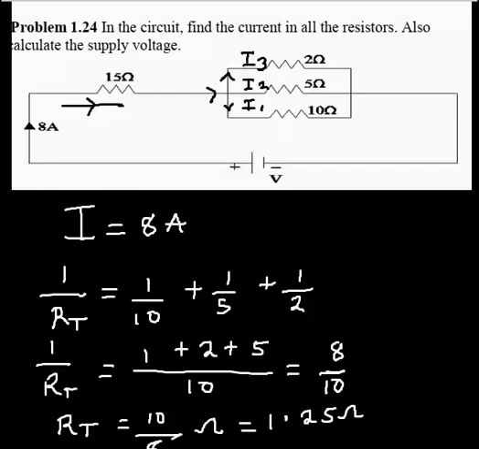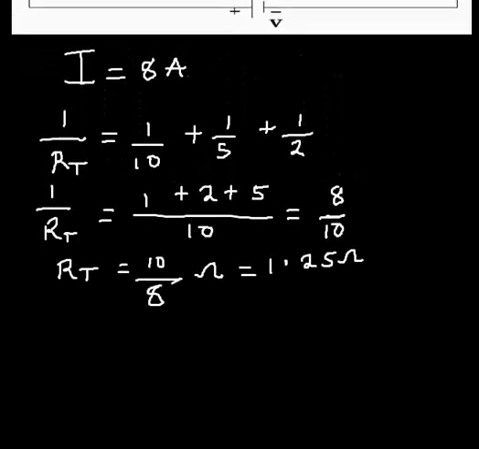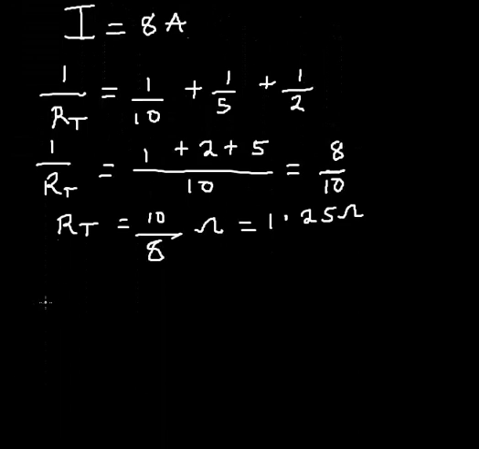All right, so now let's divide our current. For me to divide our current, remember the division is based on reciprocal. So let me start with I1. So I1 is going to be the total resistance RT divided by R1, times the current of the circuit.